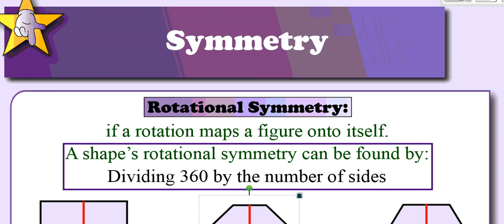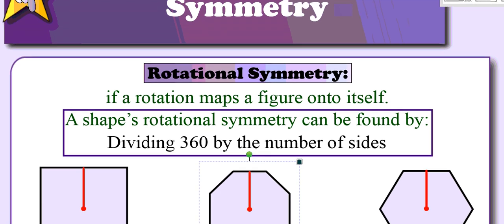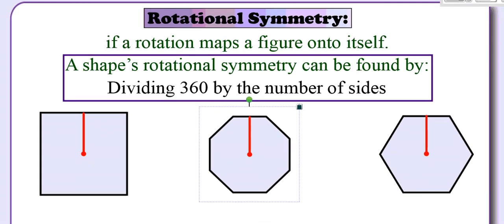Rotational symmetry, you turn it and it matches up with itself. So one of the things that we're going to be doing with that is figuring out the shape's rotational symmetry by dividing 360, which is like a full rotation, a full time around, by the number of sides.